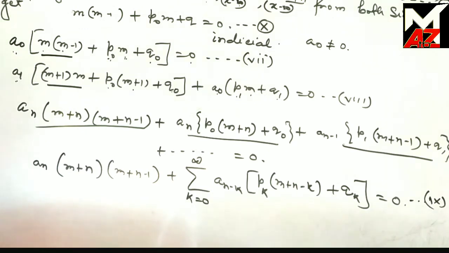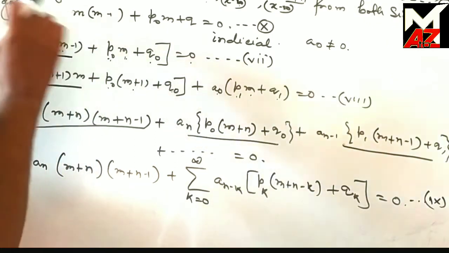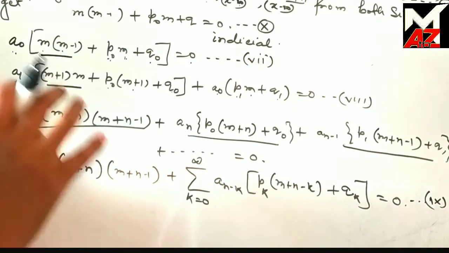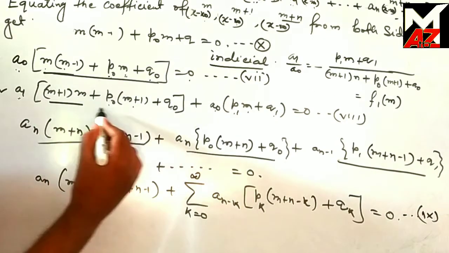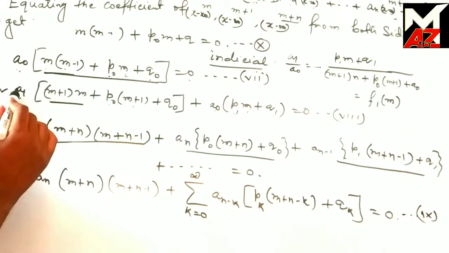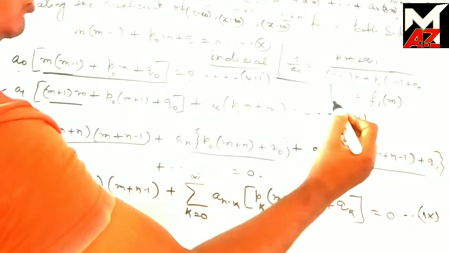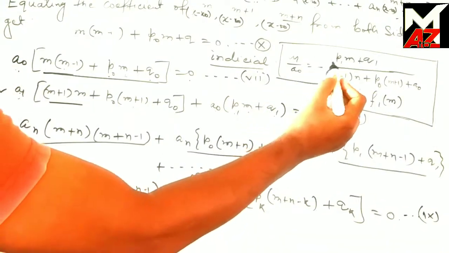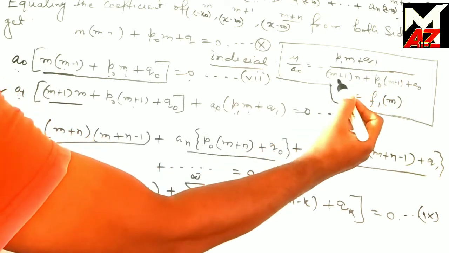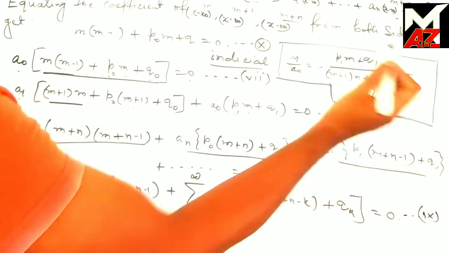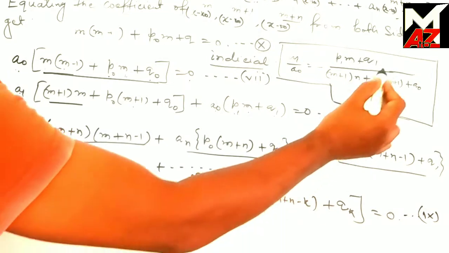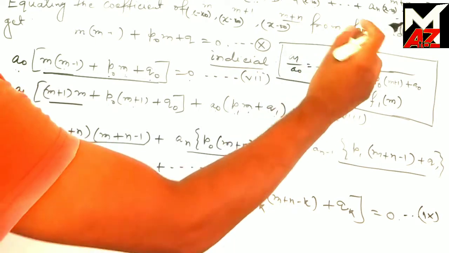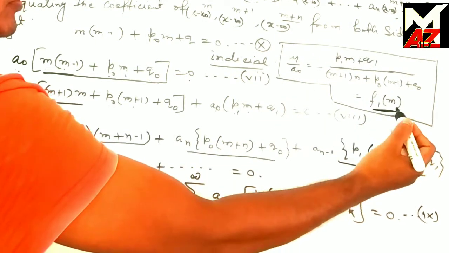From the indicial equation, which is a quadratic equation in m, we get two values of m, and from relation 8 we get a1 by a0 as minus (p1 m plus q1) by [(m plus 1) m plus p0 (m plus 1) plus q0]. This is obviously a function of m, and we assume this function as f1(m).